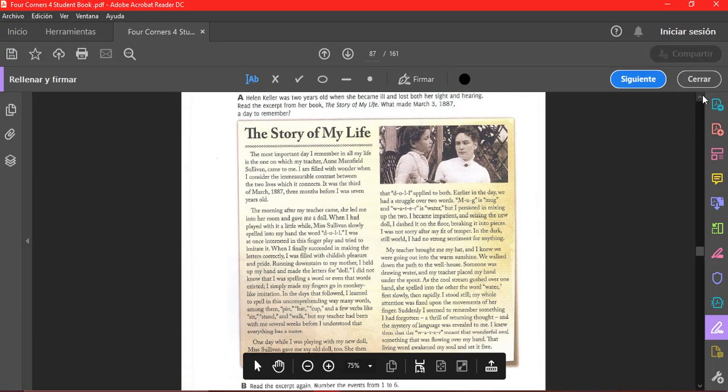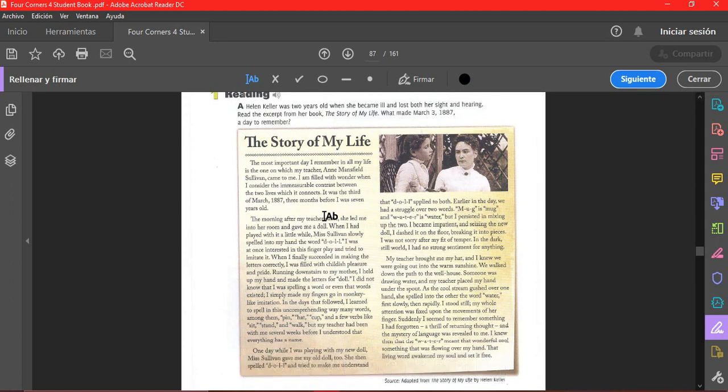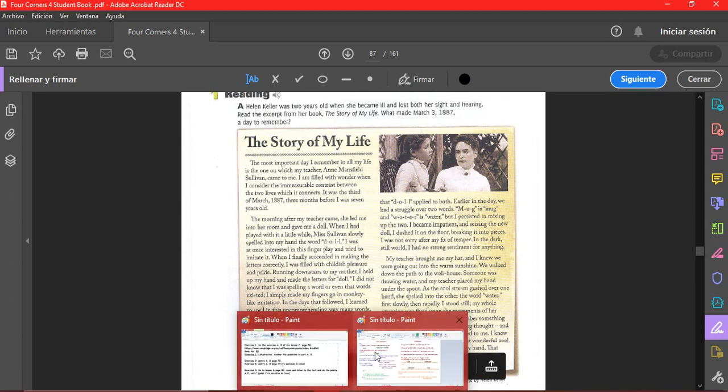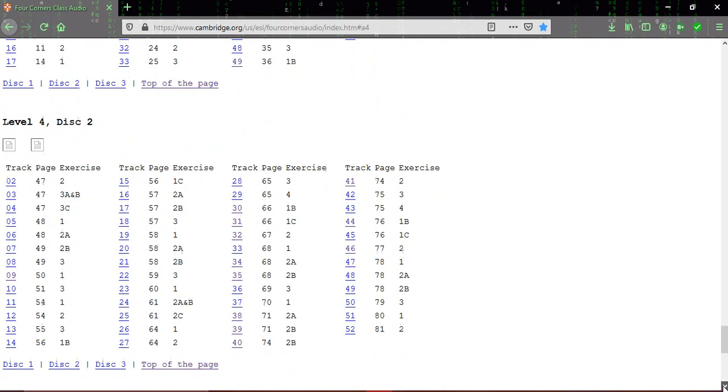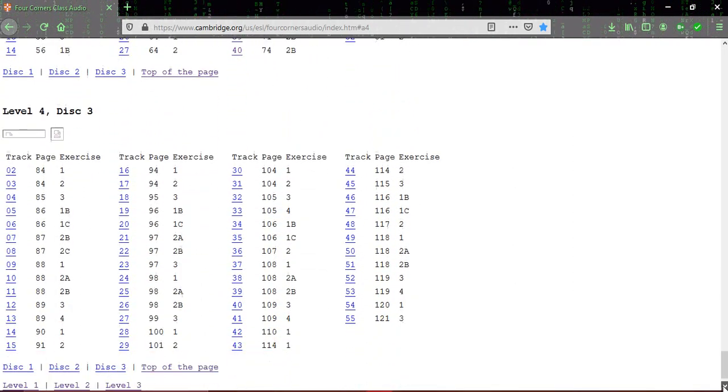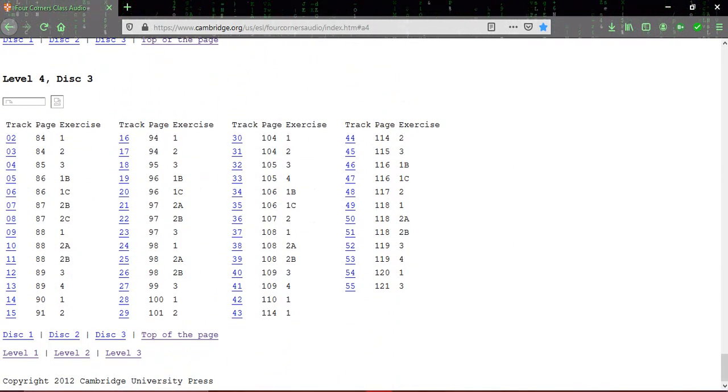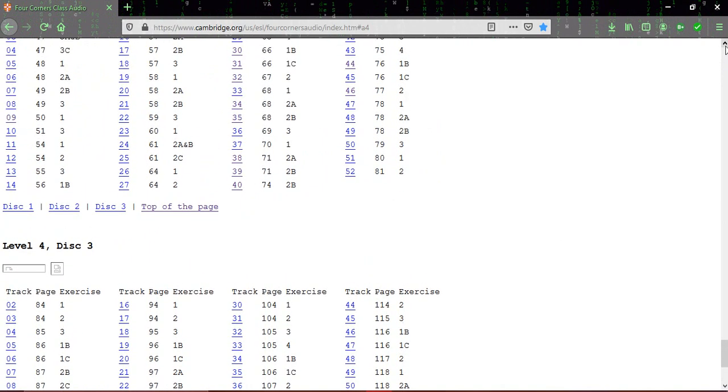So please, let's read. Okay, this is page 80. As you see in the book, you can find it at the top of the page. Page 80, track 51.